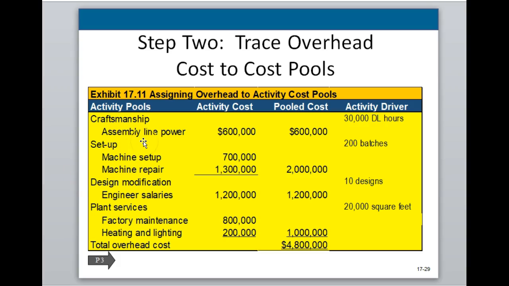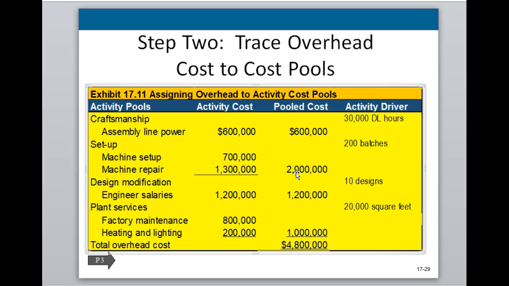So craftsmanship, which is a strange name, I don't know why they use it, is used for the assembly line power. And we say it's 30,000 direct labor hours. Setup, machine setup, is set at 200 batches, and it's going to cost a total of $2 million.